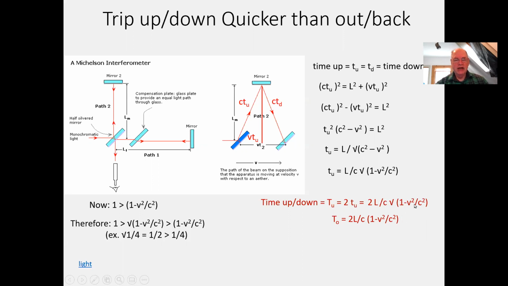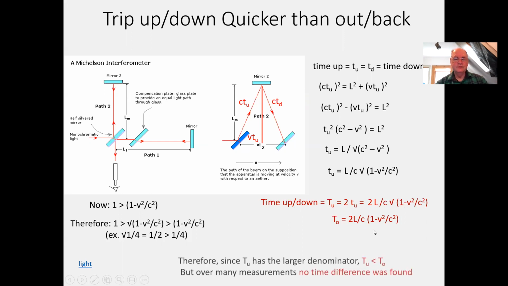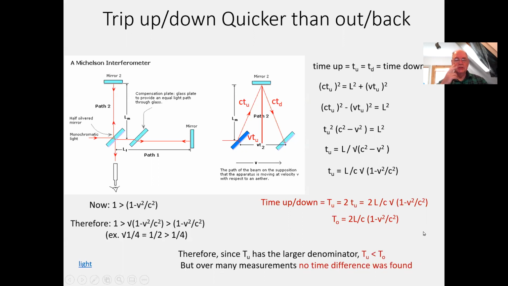This expression has a larger denominator, so this is a smaller fraction. The time up and down is shorter than the time out and back. T_u has a larger denominator than T_o, and therefore these times are not the same. In fact, the time up and down is shorter than the time out and back.